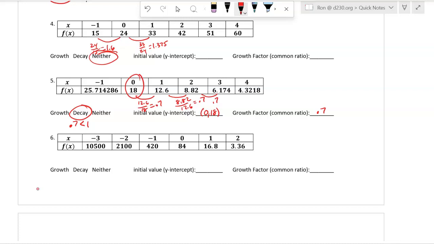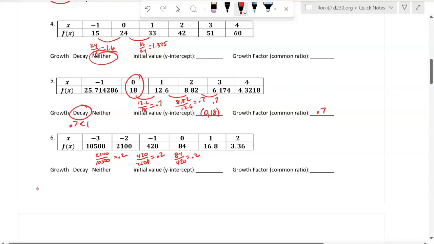For number 6, I notice I'm going down, so it's either going to be decay or neither. And if I just take 2100 divided by 10,500, I get 0.2, but I have to make sure it's consistent. So 420 divided by 2100 is 0.2. 84 divided by 420 is going to give me 0.2.